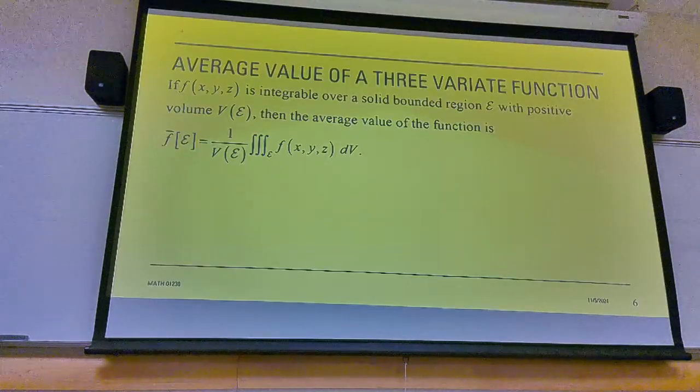Oh, volume of E. What do you think that is? So it's a triple integral of 1? Yep. Okay. Triple integral over E dV, just like area was a double integral dA. So now we don't have to worry about double integrals for volumes. We can now just use a triple integral to find volume, unless you're told to use a double integral.